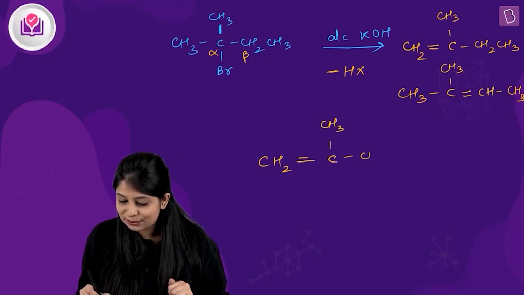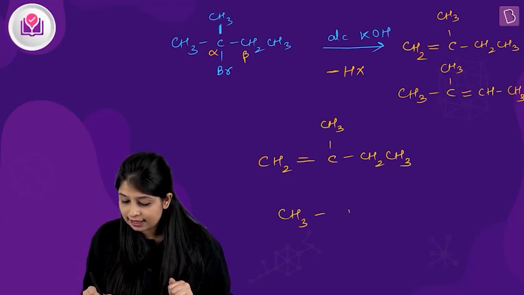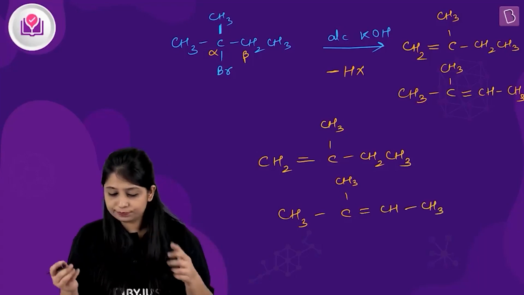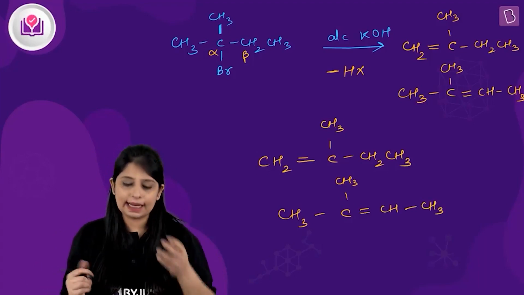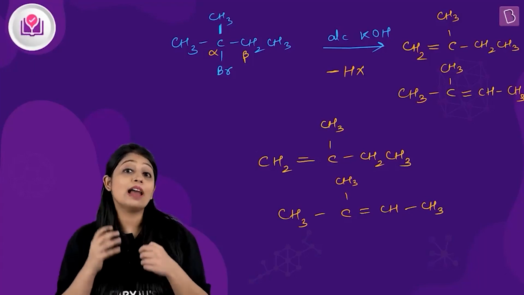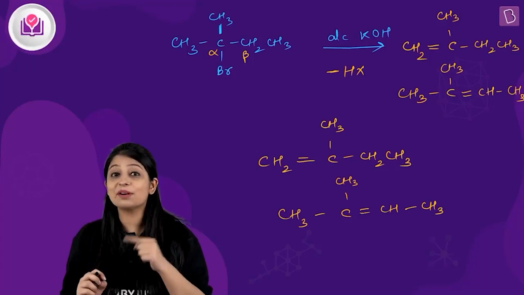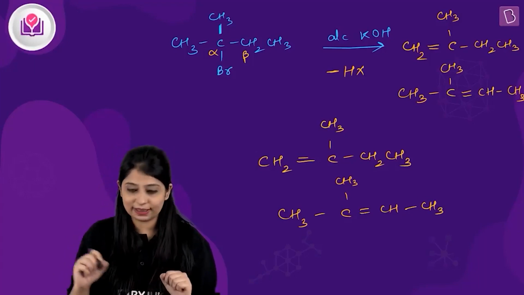If the number of carbon atoms is the same, and we have a total of 5 carbon atoms in both the alkenes, we can compare them on the basis of the number of alpha hydrogens. Now we should know how to calculate the number of alpha hydrogens in an alkene. Let's see how we calculate that.